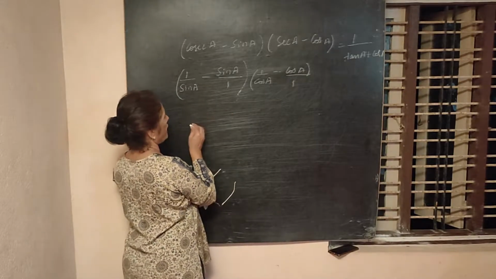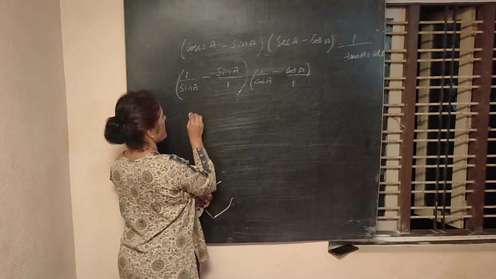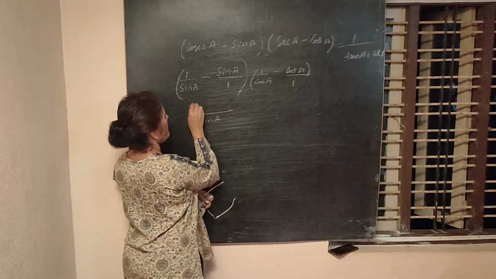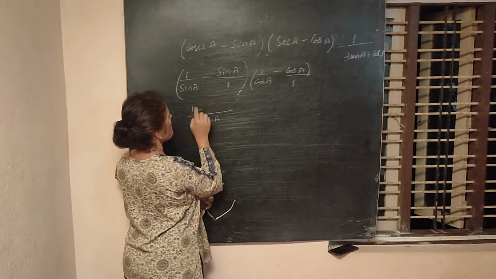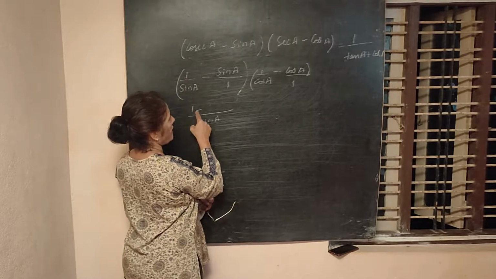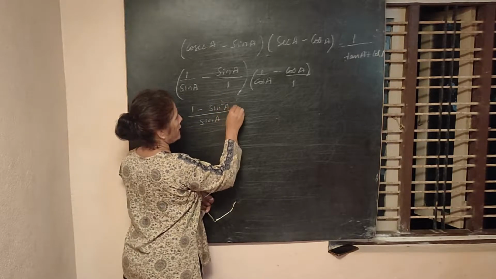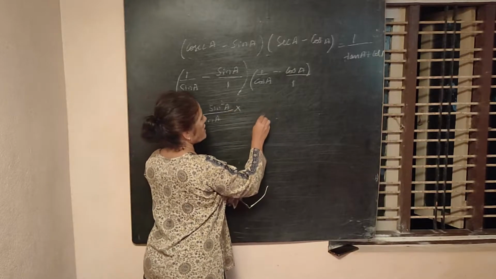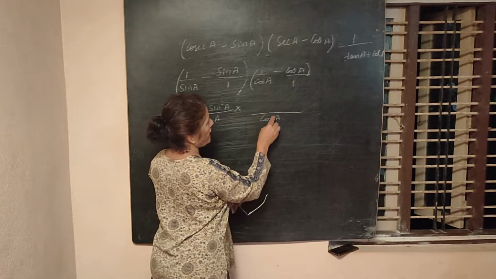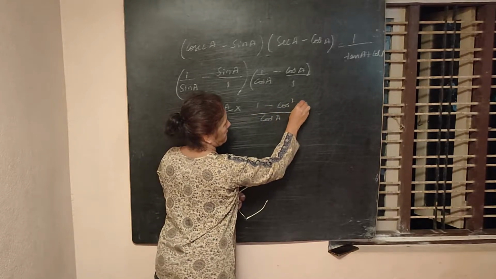So in the denominator here you get sin A. So what do you get? 1 minus sin square A, into cos A is the common denominator. Cos A 1 minus cos square A.